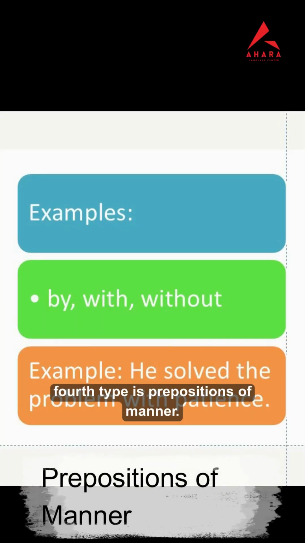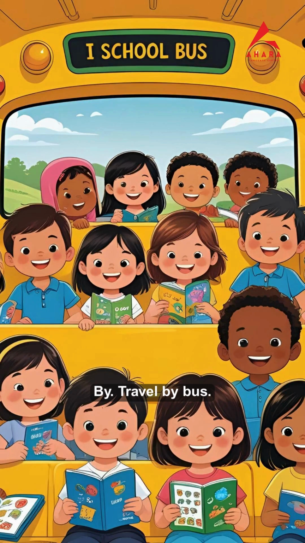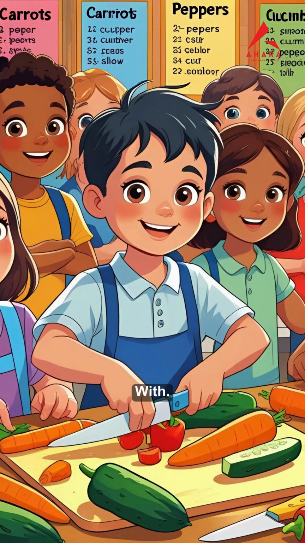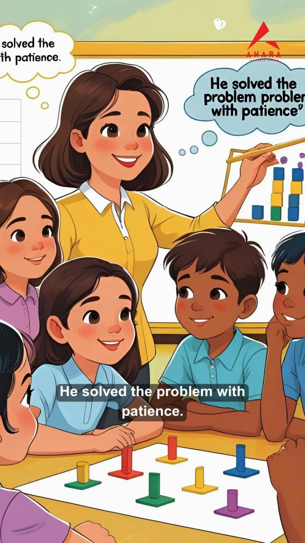The fourth type is prepositions of manner. What does it mean? It describes how something happens. By: travel by bus. With: cut with a knife. Without: work without help. See this example. He solved the problem with patience.